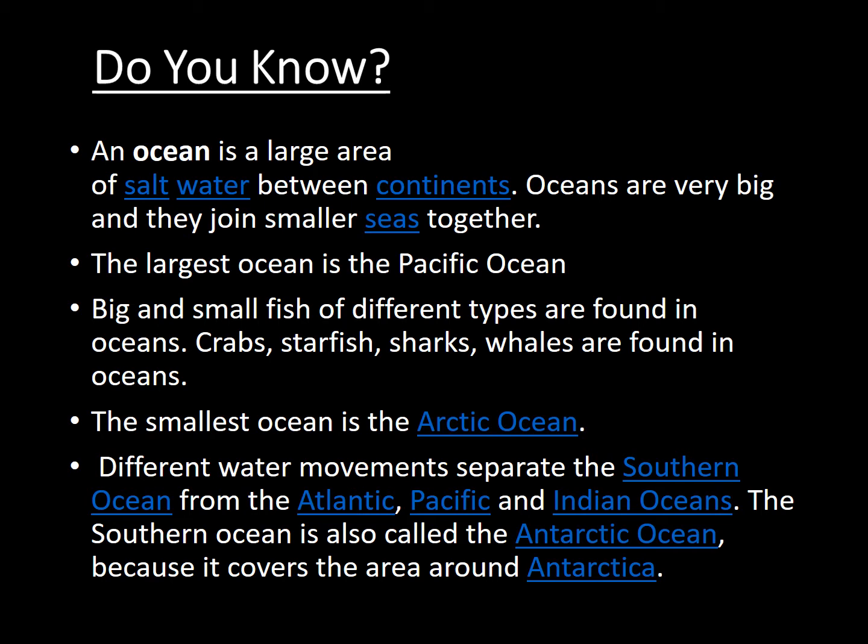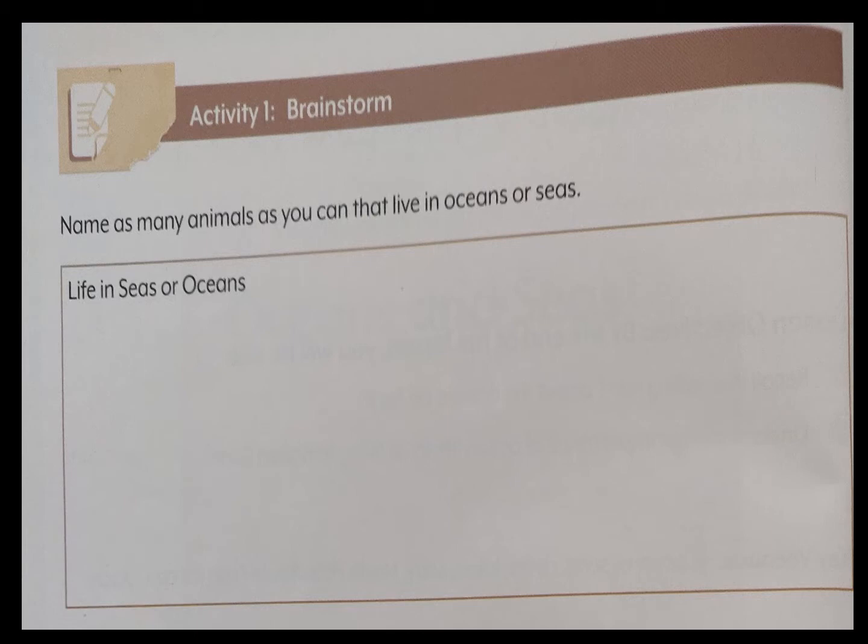You have to learn all the names of the oceans in this lesson so that you can figure it right. Name as many animals as you can that live in oceans or seas.